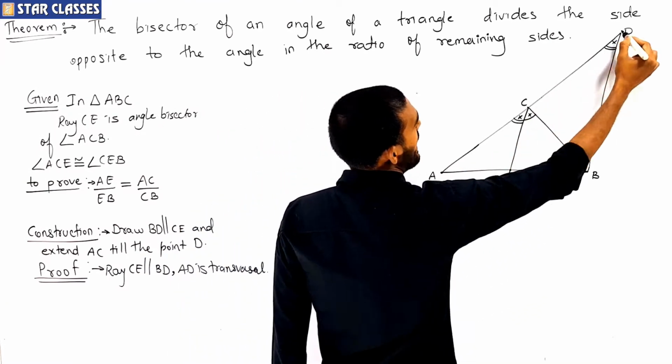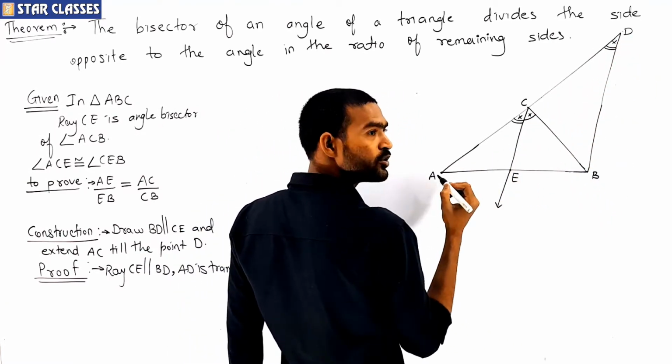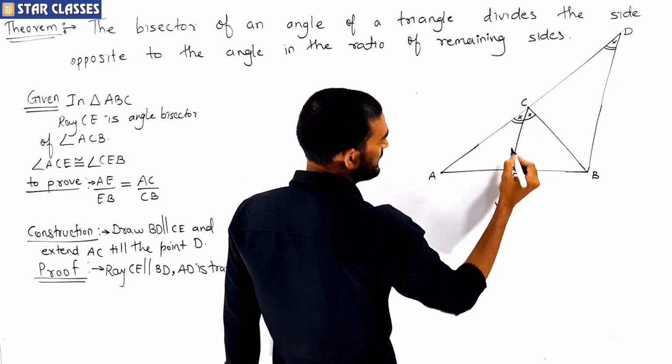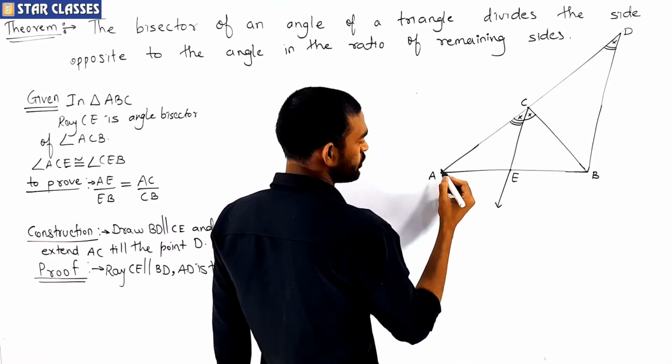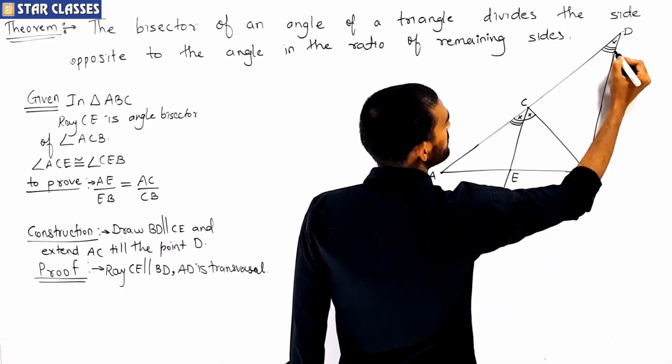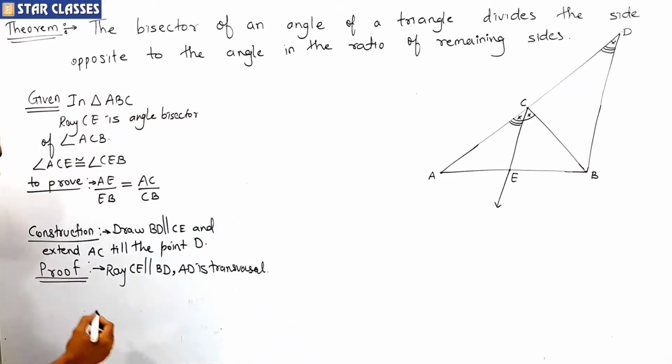So now they are forming which alphabet? Now we'll get here F. And F will give you corresponding angles. So angle ACE, this angle is equals to angle ADB. These two angles are corresponding angles.